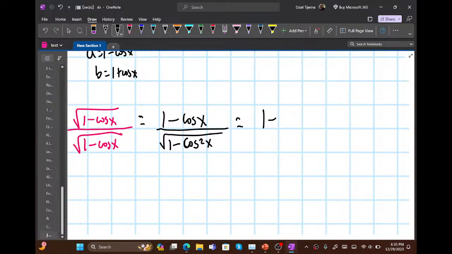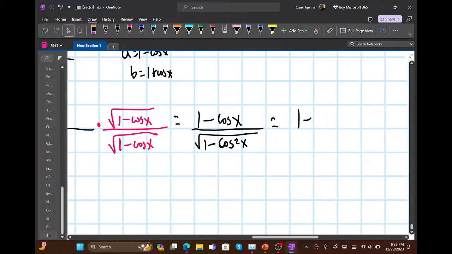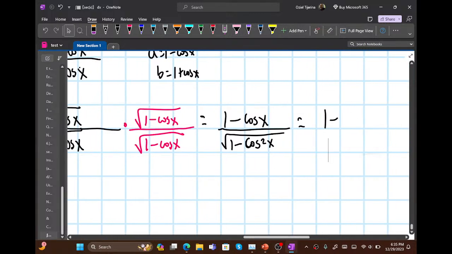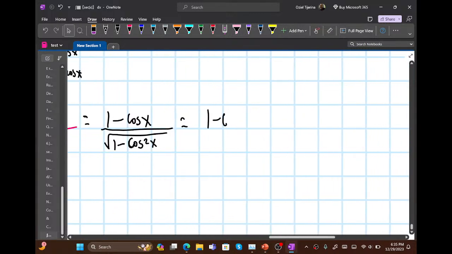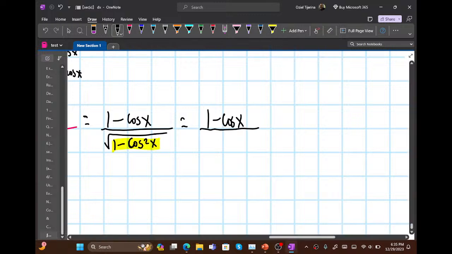Anyways, let's finish this. Where was I? This is gonna give me 1 minus cosine x over... And remember the Pythagorean identity.